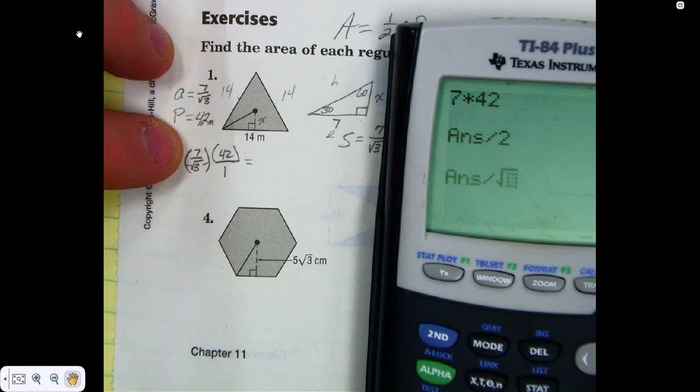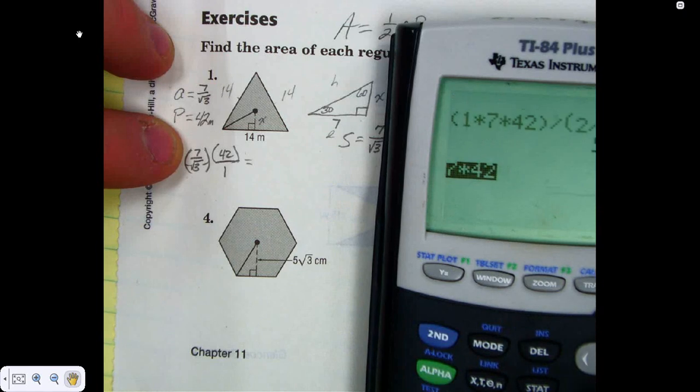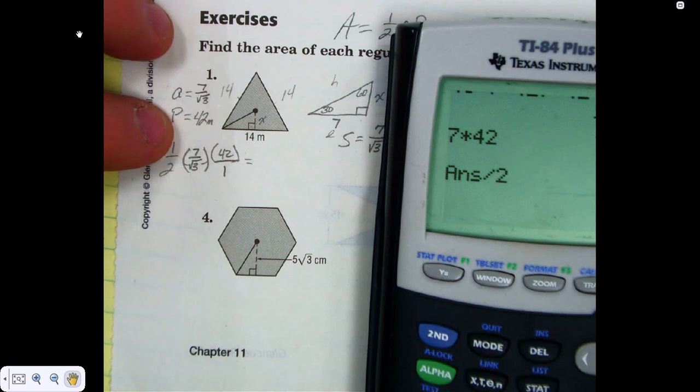Square root of 3. 294 divided by 2 divided by square root of 3.